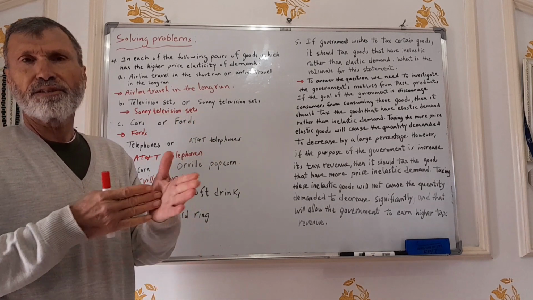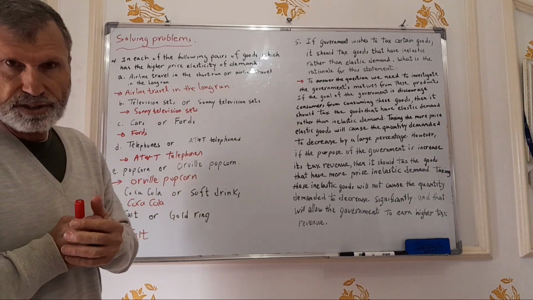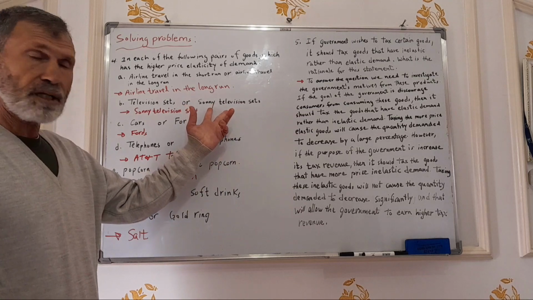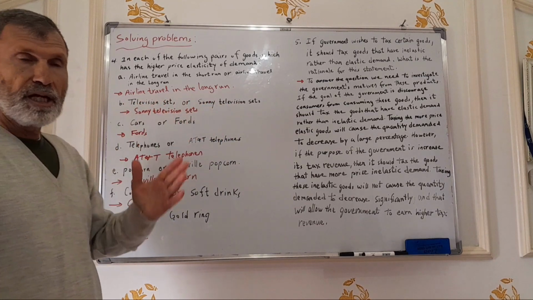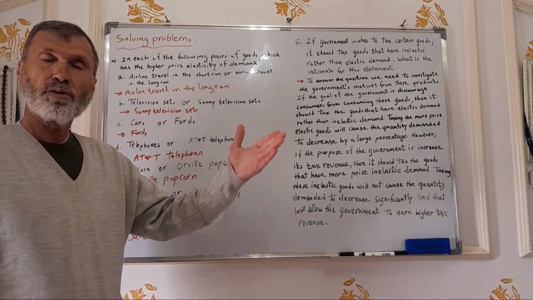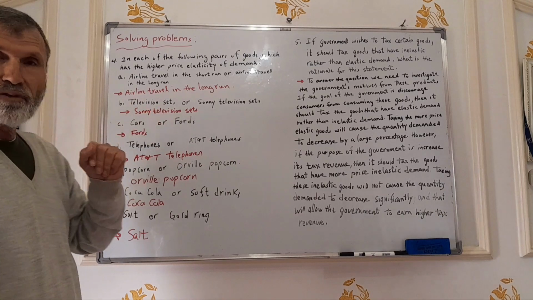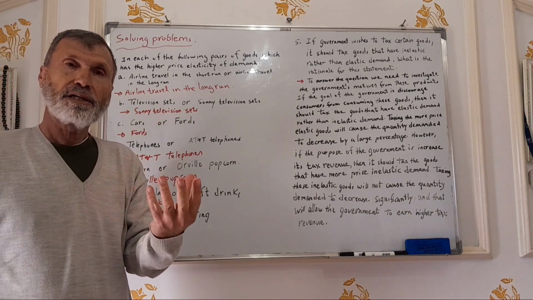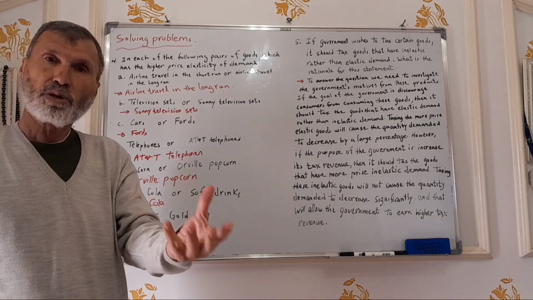You have hundreds of kinds of television sets. So here you have more substitutes than here. For television sets, you probably have 1, 2, or 10 or 15 substitutes that can show you these shows.